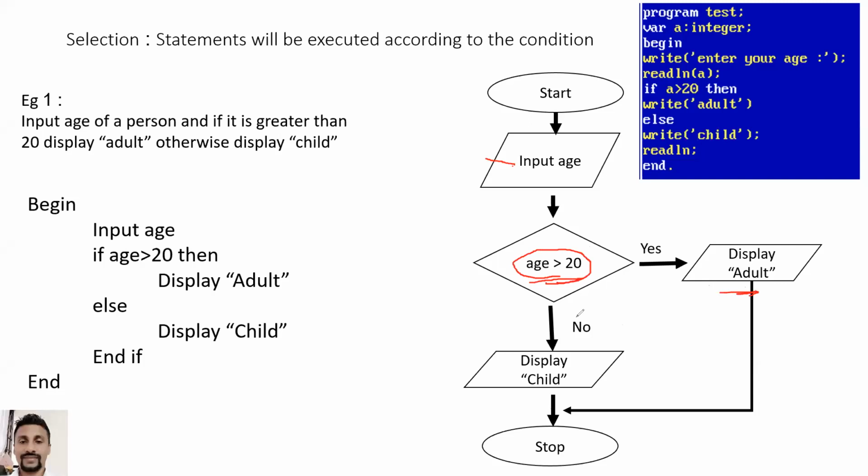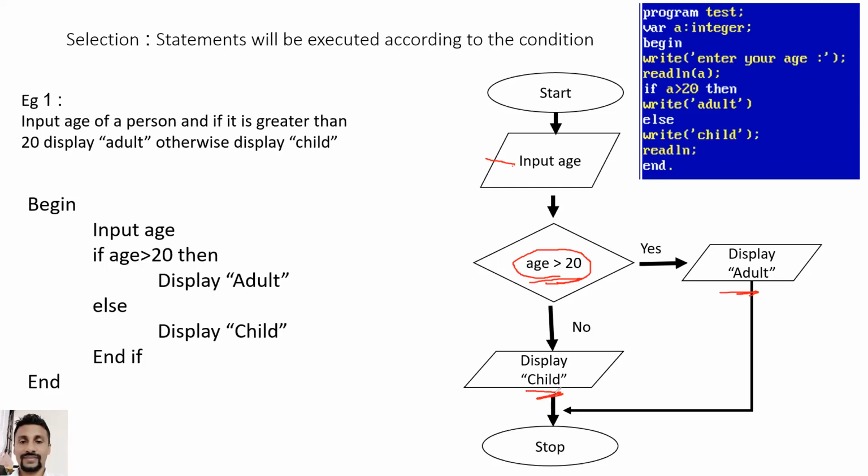If it is no, that means less than 20, that means if you give 19, 18, 15, whatever it is, even minus value, you will still get the output as child. Now here this is a text that we are going to display, so that's why I have used apostrophe, the quotation mark.